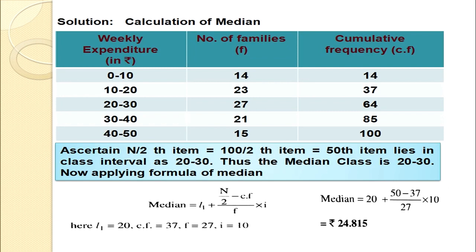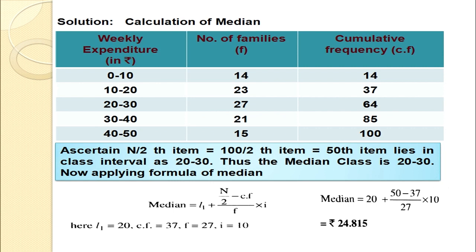Along with that, we need to compute cumulative frequency also. So we have made one more column for the cumulative frequency. It would be 14, 14 plus 23 comes to 37, 37 plus 27 comes to 64, 64 plus 21 comes to 85, 85 plus 15 comes to 100.